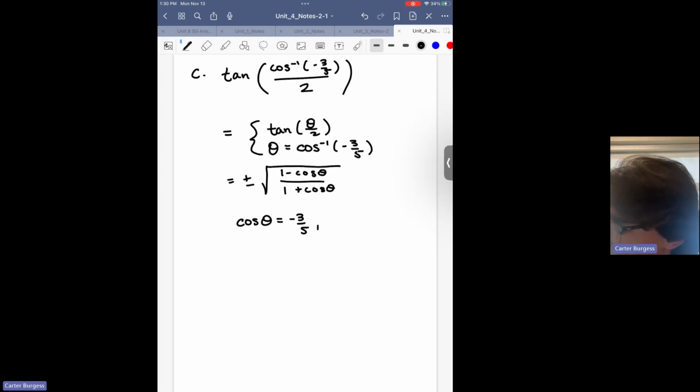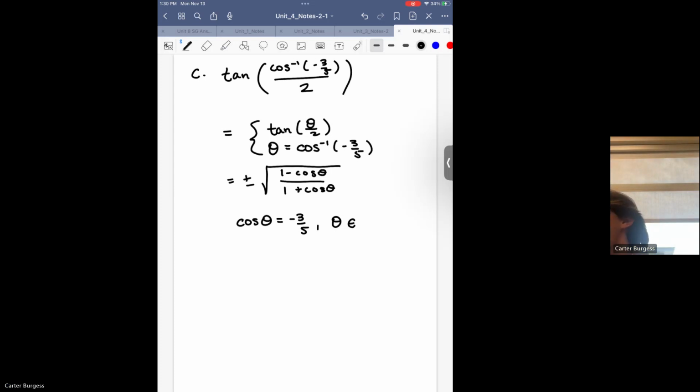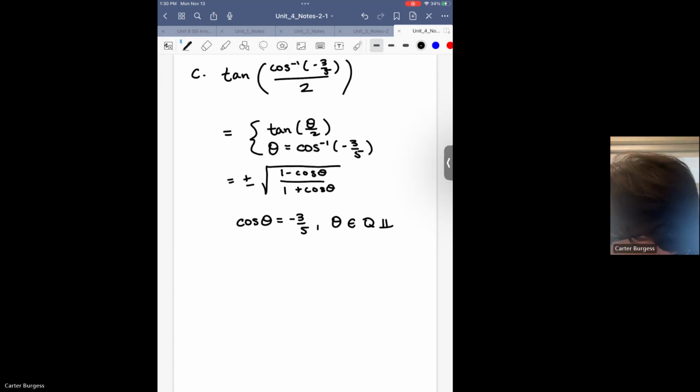And what do I know about theta? Where does theta live? Second quadrant. Very good. Which will be important momentarily.